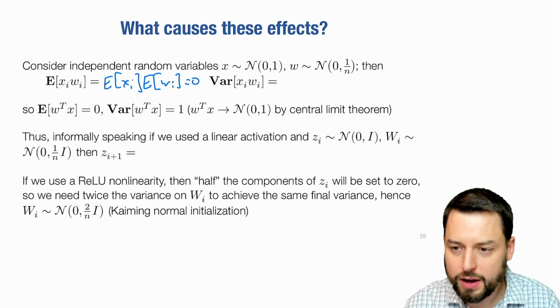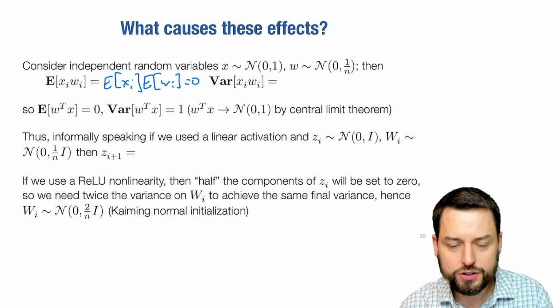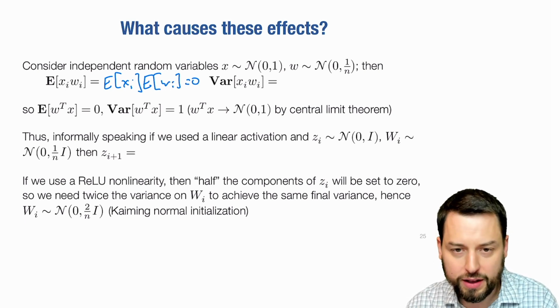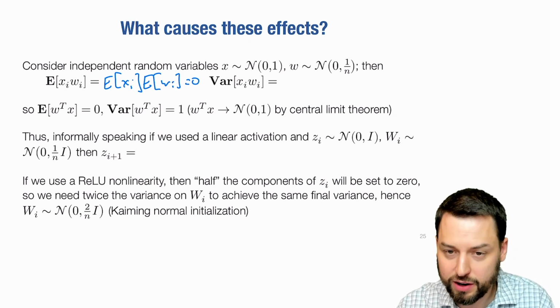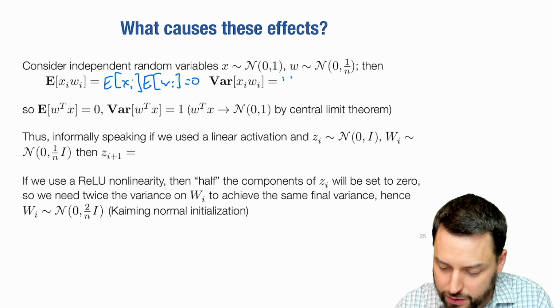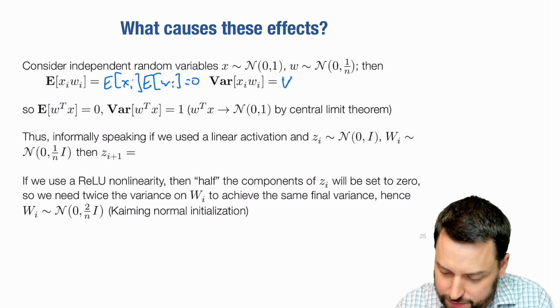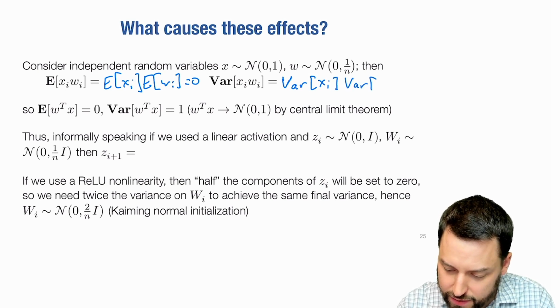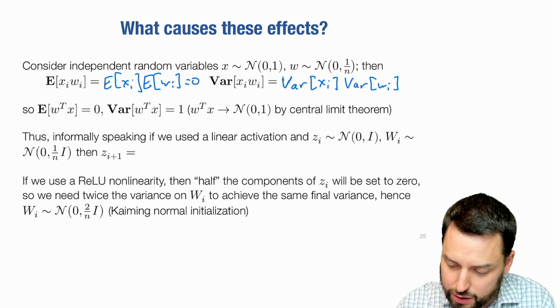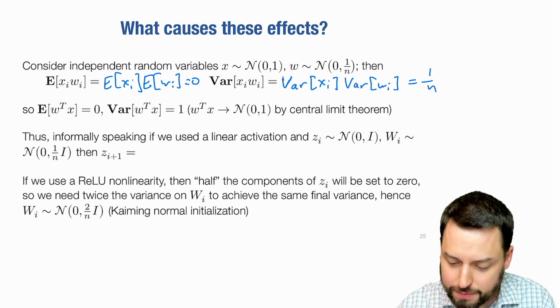And furthermore, because they're also independent, the variance of their product is going to be equal to the product of the variances, the variance of xi times the variance of wi, which is going to equal 1 over n.